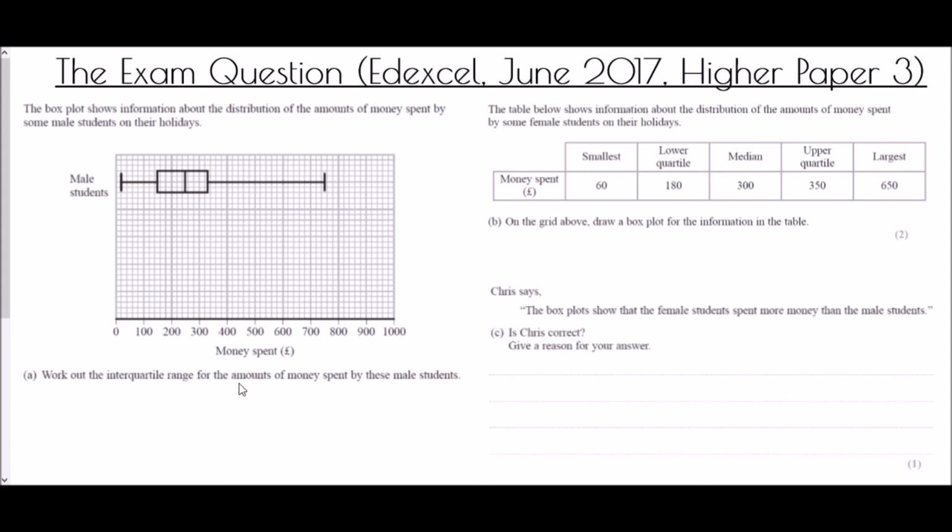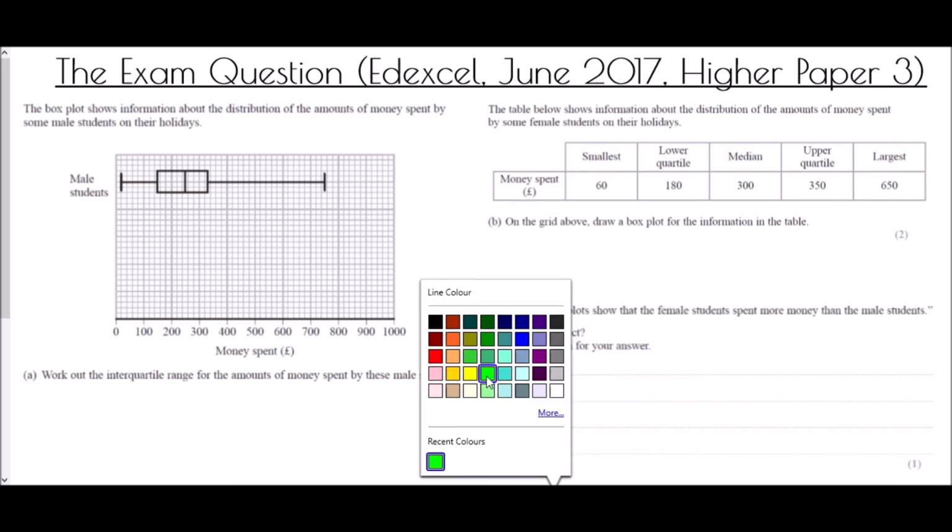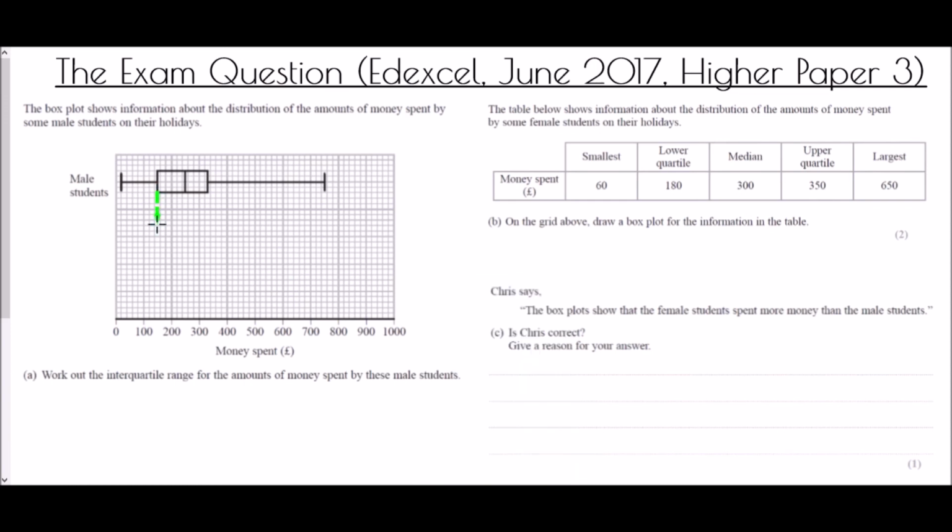So the first thing we have to spot here is it's talking about interquartile range. Therefore, we need to be looking at the lower quartile and the upper quartile, and we need to be reading those values as well as we possibly can. So we may want to draw some lines in.